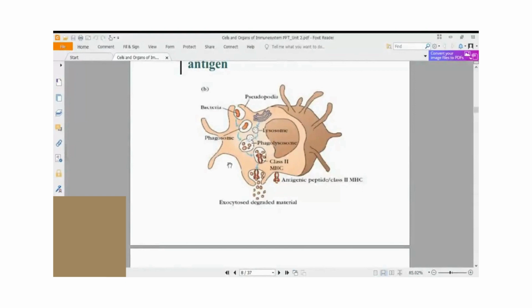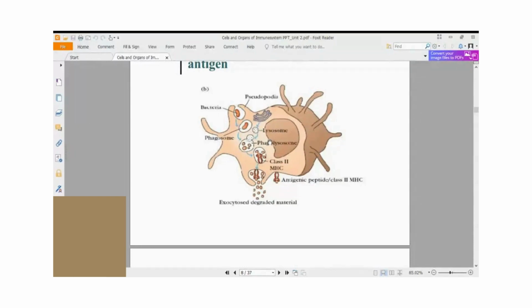But generally, the normal process is that the macrophage is capable of processing exogenous antigens of bacterial or viral origin and presenting them on class 2 MHC. But when the bacteria is residing within the macrophage, it will behave as though it is part and parcel of the macrophage.